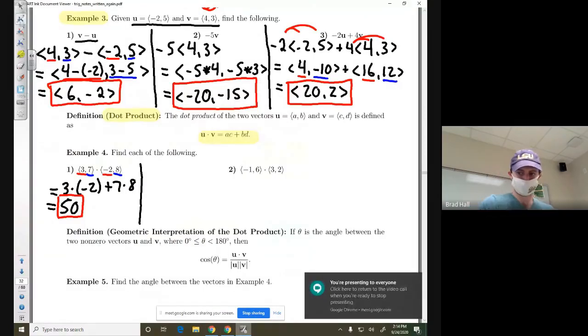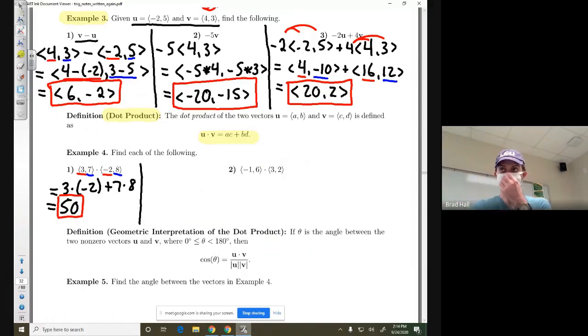And for problem 2 over here, it's the same idea. I think this is pretty simple stuff. So this is negative 1 times 3 plus 6 times 2, which is 9.